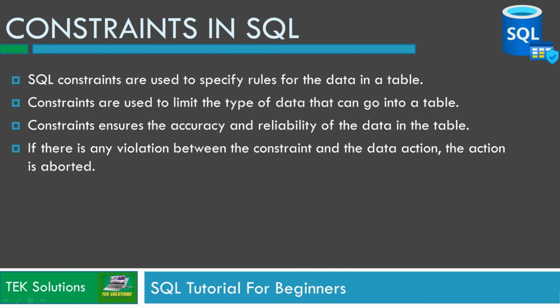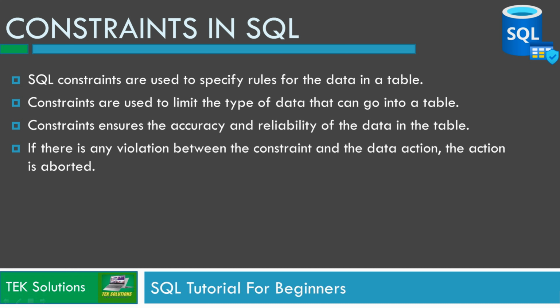SQL constraints are used to specify rules for the data in the table. Constraints are used to limit the type of data that can go into the table. Constraints ensure the accuracy and reliability of the data in the table. If there is any violation between the constraints and the data action, the action is aborted.